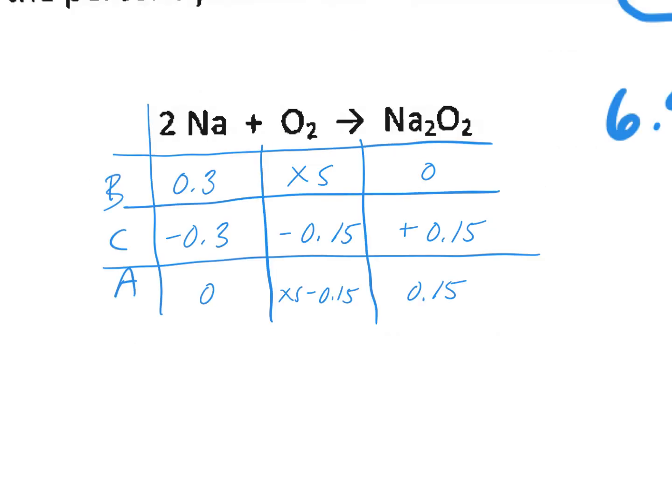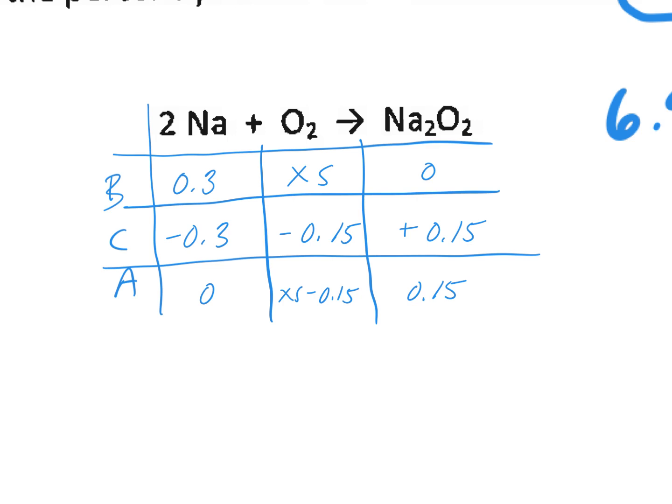All right, I set up my BCA table. Now, I did not necessarily have to use a BCA table for this, but since I've already shown you how to use BCA tables for limiting reactant problems, I just thought, what the heck, let's just go with the BCA table. It doesn't matter, really.